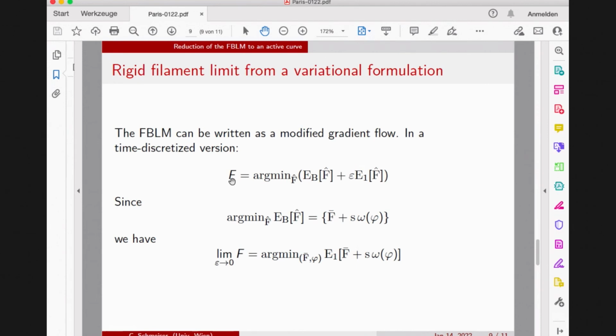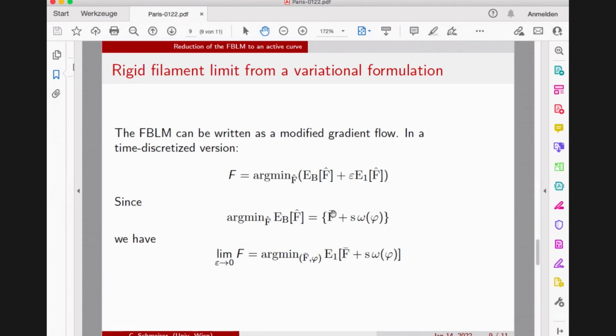Maybe you know that gradient flow models can be written as limits of their Euler discretizations, and then at each step you do a minimization. And something like that you can also do here. And here you have two contributions to the energy, and this is the bending energy. As we saw already before, minimizing it doesn't produce a unique solution, but you get an explicit form of the minimizers of this.